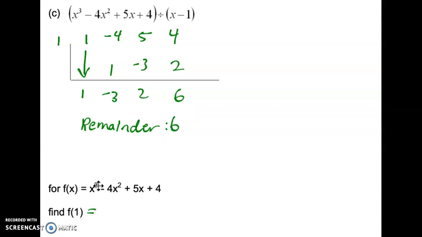Okay, and if we plugged in 1 into our dividend, we would get 1 minus 4 plus 5 plus 4, which is 6. So once again, we could have found the remainder by just taking the number that we would have used for synthetic division and plugging it into the dividend.